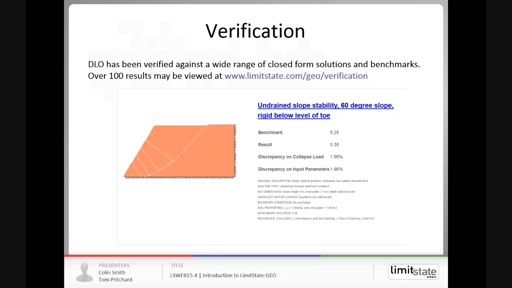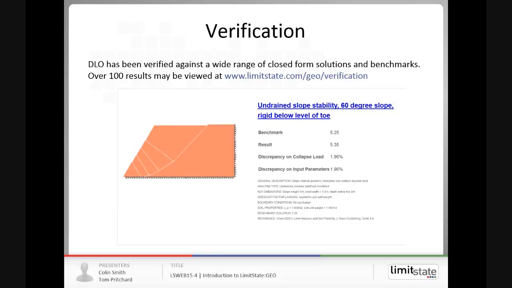And we've made about 100 of these available online. These are what we call our verification tests, where we've scoured the literature for solutions to limit analysis or collapse problems, got the results from the textbooks or the journal papers, and then run exactly the same problem in the software. And then we've posted that up there.